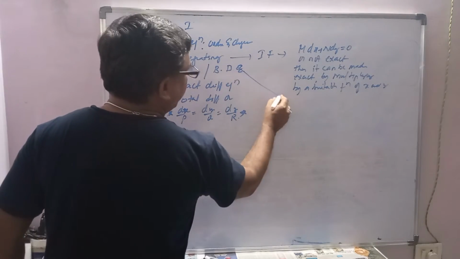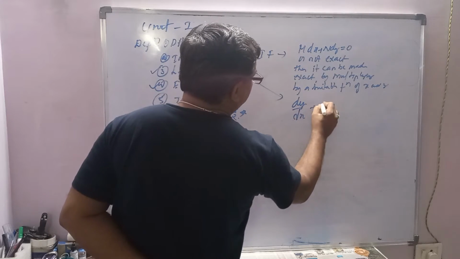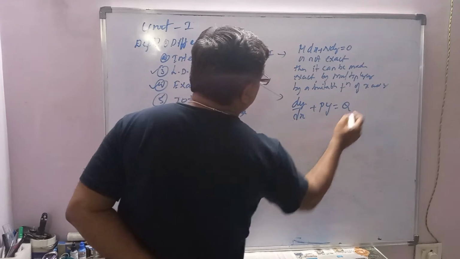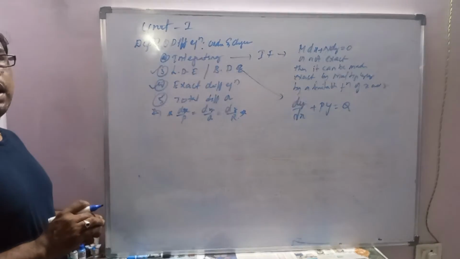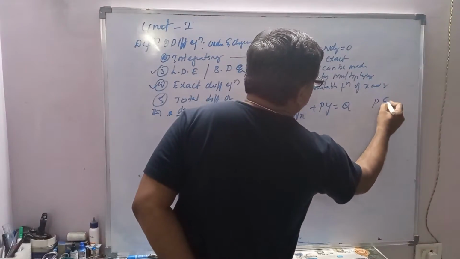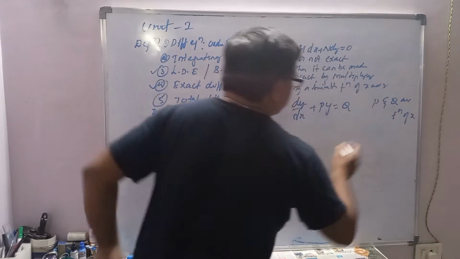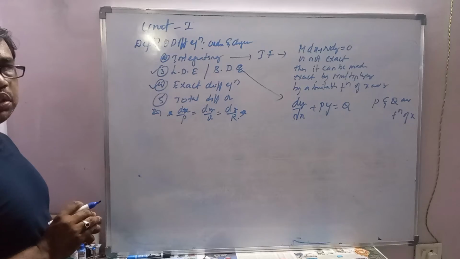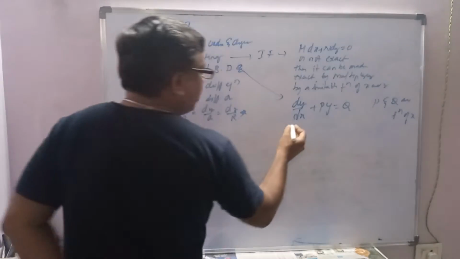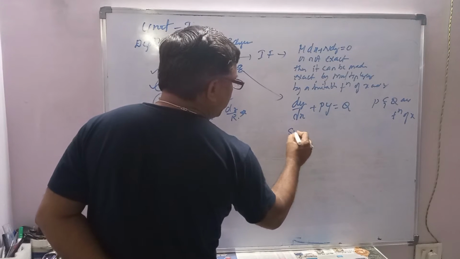Now, what is a linear differential equation? A differential equation of the form dy by dx plus Py is equal to Q is called a linear differential equation, where P and Q are functions of x. If the differential equation is in this form, then what is the solution?